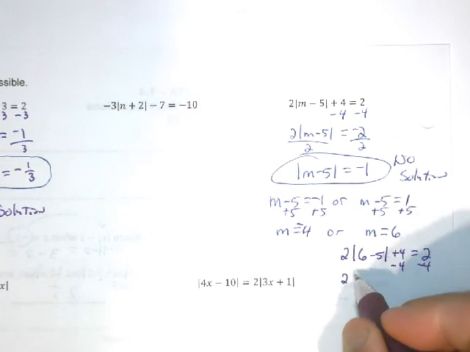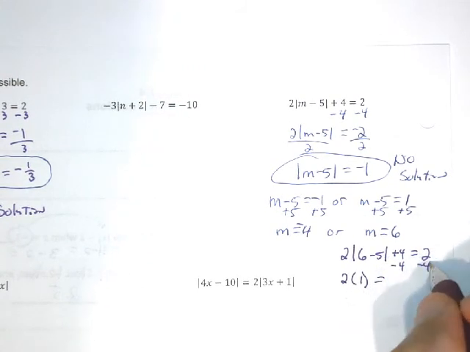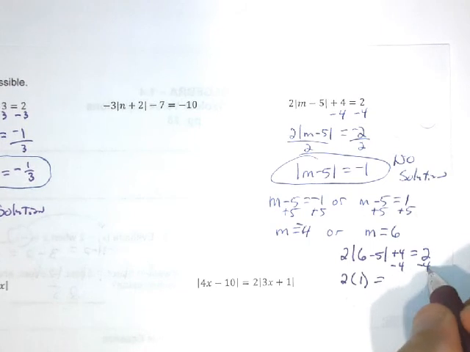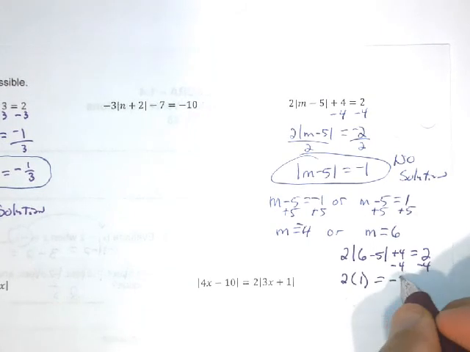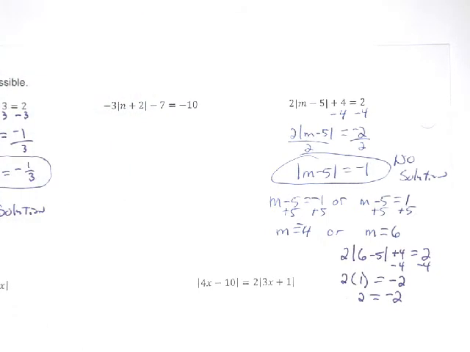This becomes 1, absolute value of 1 is 1, so I just will multiply that, and I already subtracted that, or excuse me, yeah, subtracted that, I need to do that, so it gives us minus 2. So this says 2 equals a negative 2. Can 2 equal a negative 2? And the answer is absolutely not.